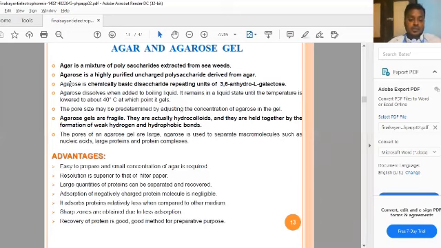Advantages of agar and agarose gel: it is easy to prepare and a small concentration of agar is required, and the resolution is superior to filter paper.